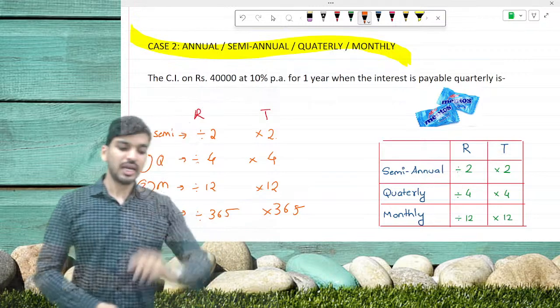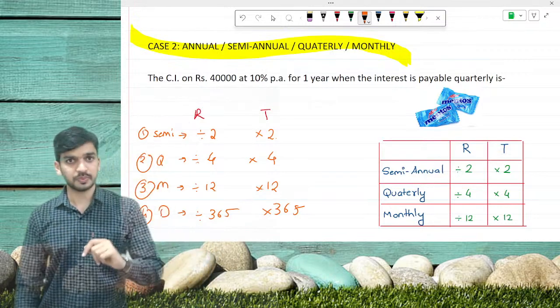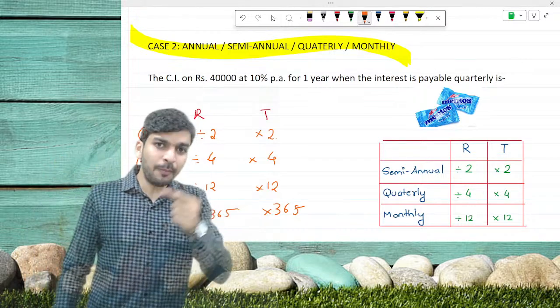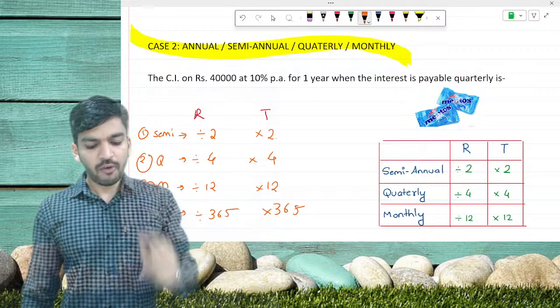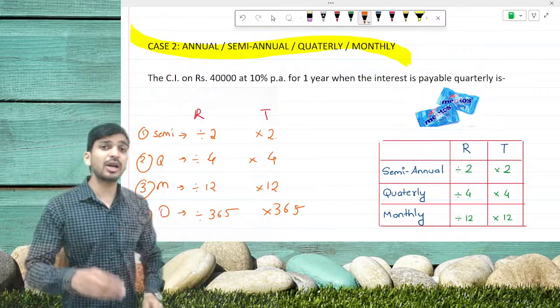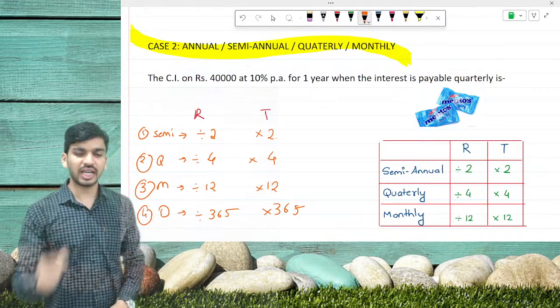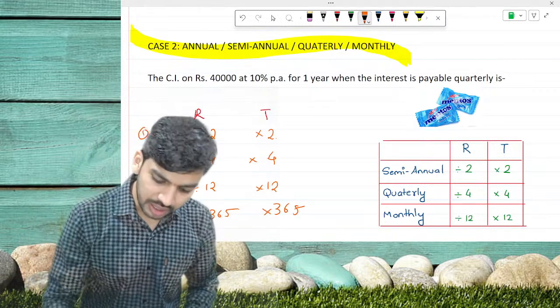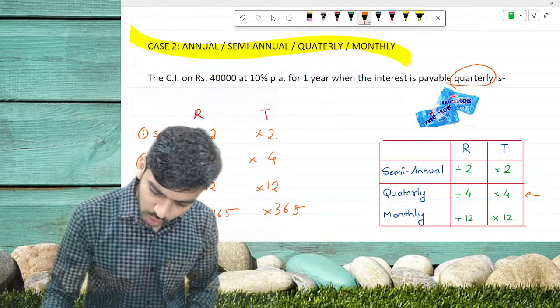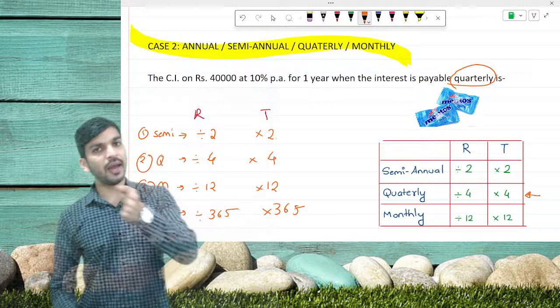The question given is: find the compound interest on 40,000 rupees at 10% per annum for 1 year when the interest is payable quarterly. The given question is of quarterly. If it is quarterly, what we need to do? We need to divide by 4 and multiply by 4.